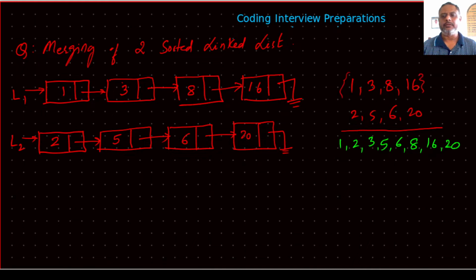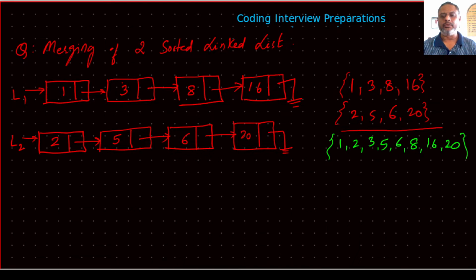We need to sort them and get a new sorted set. So we would like the output to be 1, 2, 3, 5, 6, 8, 16 and 20.